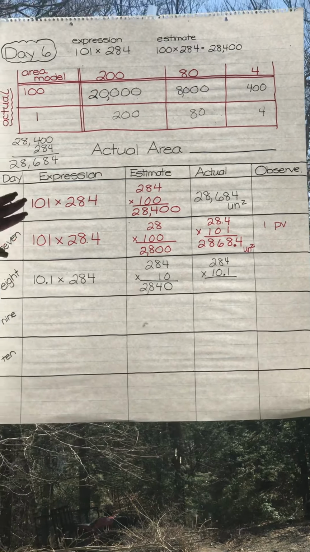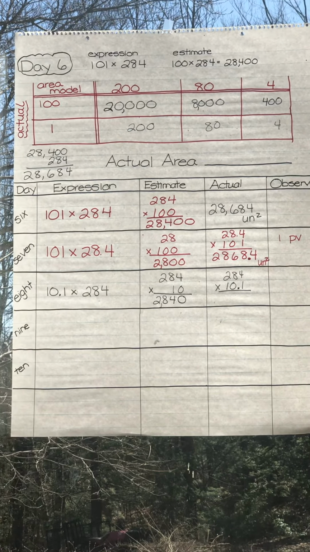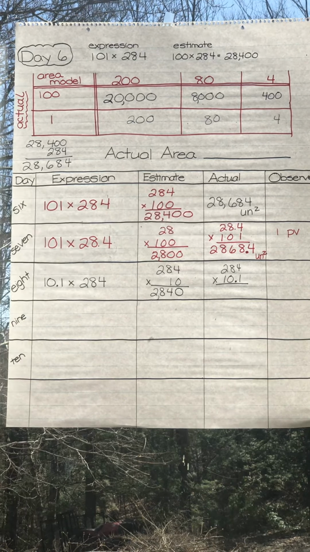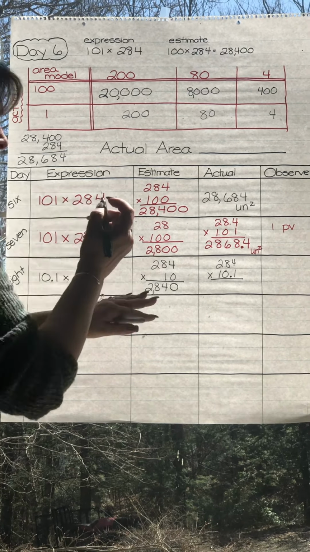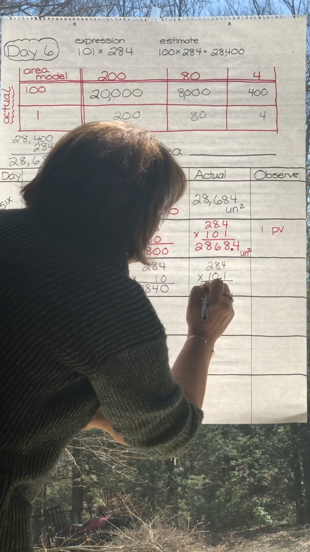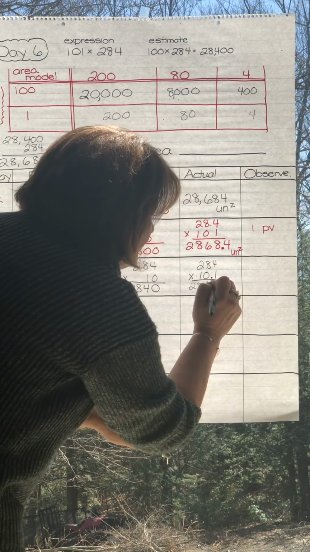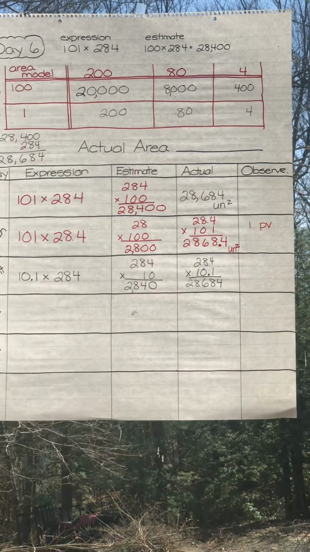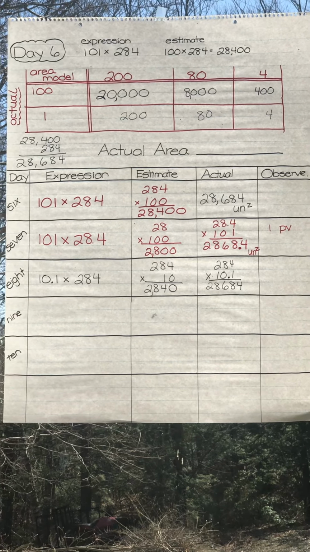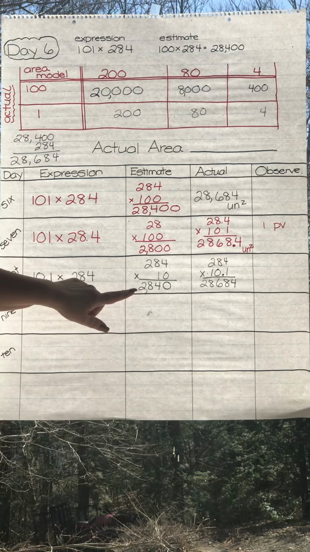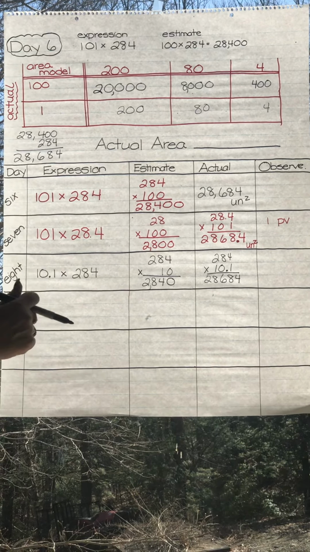So again, if we have all the same digits, we will have all the same digits in the actual answer. So we can write down those digits in order and then decide where our decimal point would go. If we use our estimate, it's very easy to figure out where that decimal point goes.